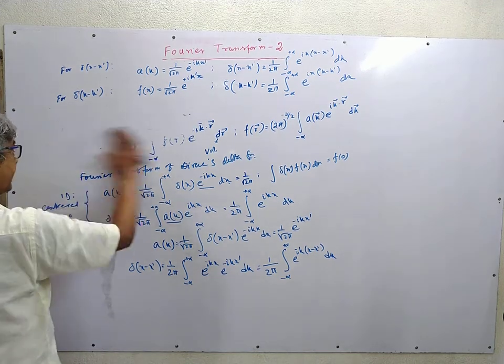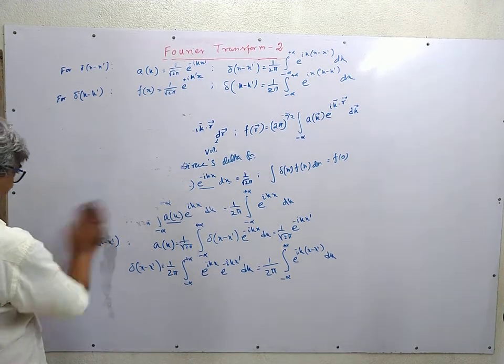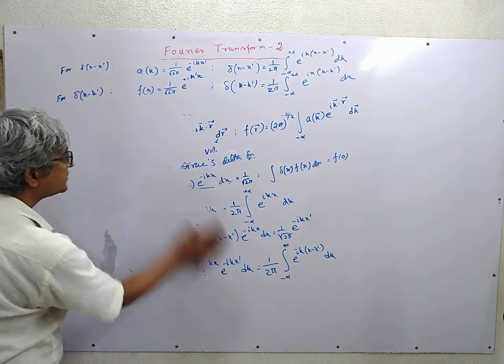The three-dimensional analogues of these are very easy. We first write the three-dimensional delta functions.